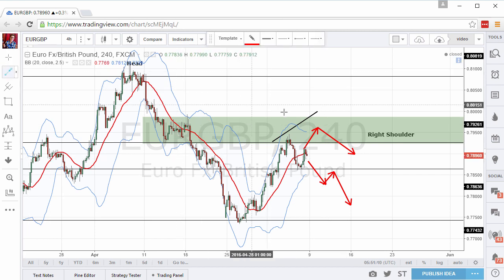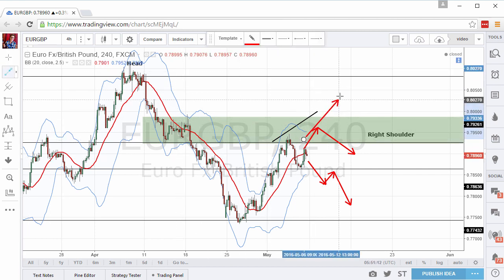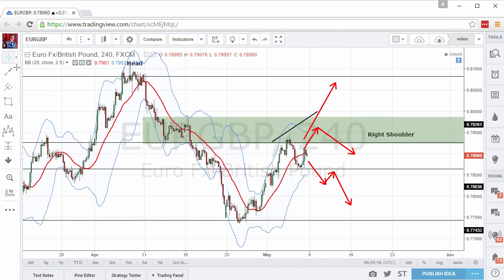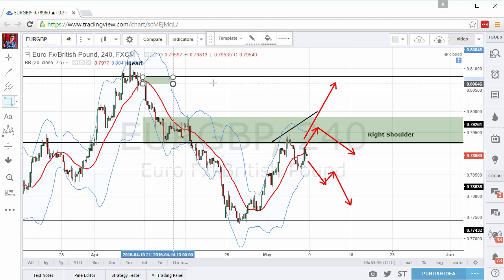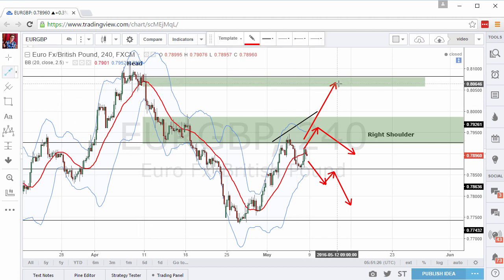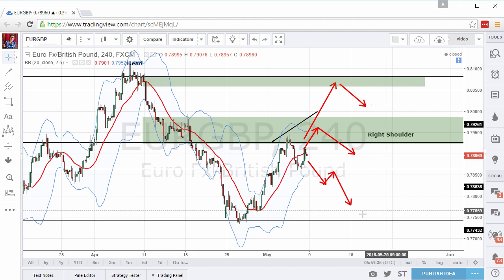And the last one, which I would not favor that much, would be a move into those highs here. You can see that previously price started its sell-off from this area. So there's probably a lot of unfilled demand left. And you can expect that once price trades back into those highs, then we will probably see more sellers coming in and bringing price lower.